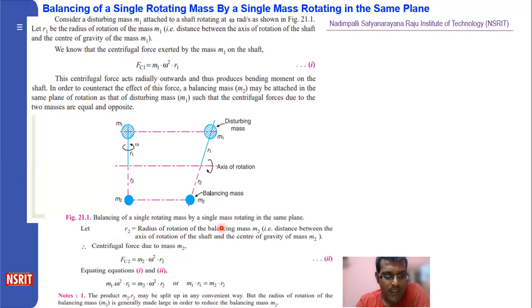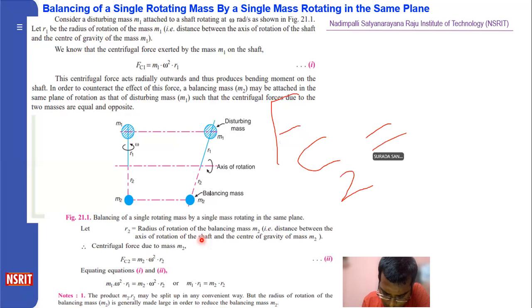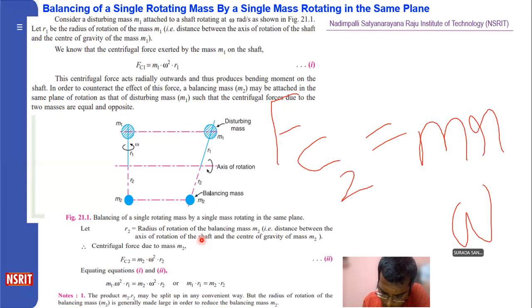For this also we have the formula Fc2, the basic formula is m r omega square, so Fc2 equals m2 r2 omega square. This is for the balancing mass.